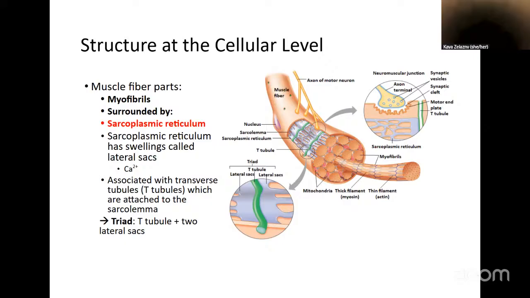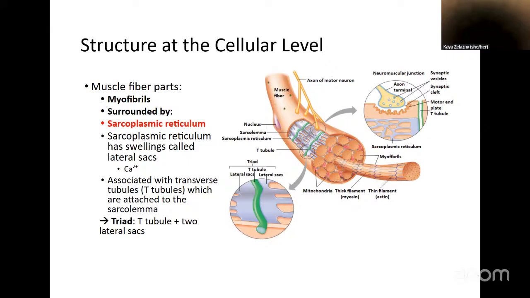Okay. So our sarcoplasmic reticulum is going to be full of calcium. So it's basically storing calcium ions in these sacs called lateral sacs, right, out to the sides, lateral. We're storing that calcium because ultimately the way we're going to actually contract a muscle is going to rely on releasing calcium, and calcium is going to kickstart the contraction process.